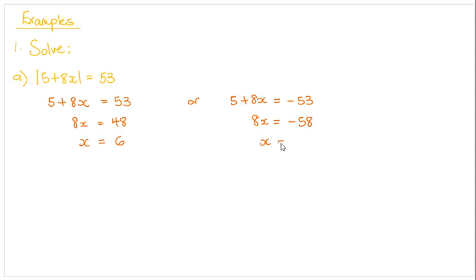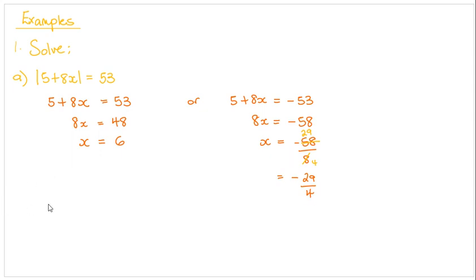And then x would be equal to negative 58 over 8, which we can break down by 2: 58 divided by 2 is going to give us 29. And so we end up with negative 29 over 4. So those are our two x values.